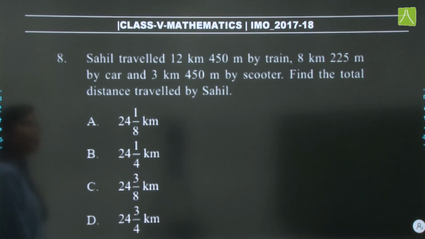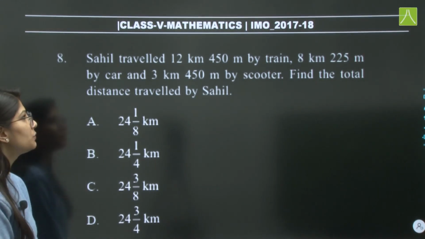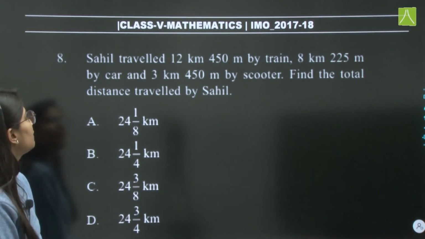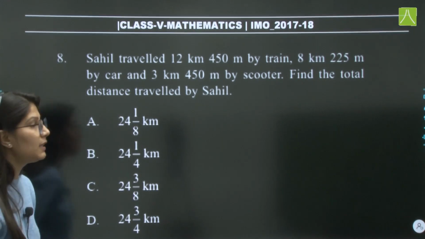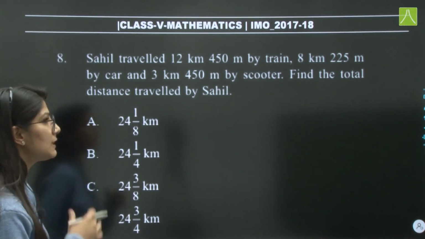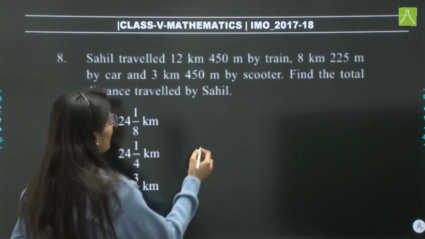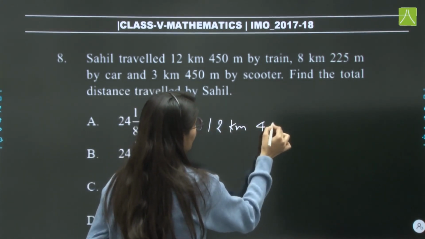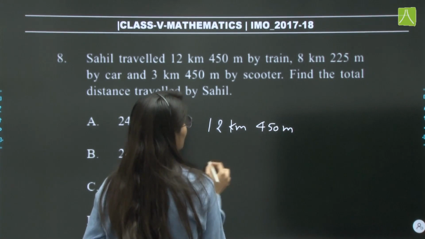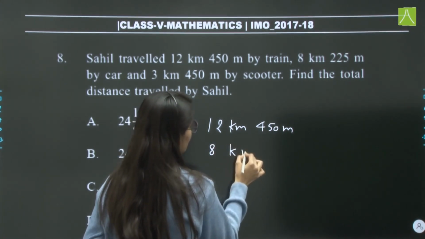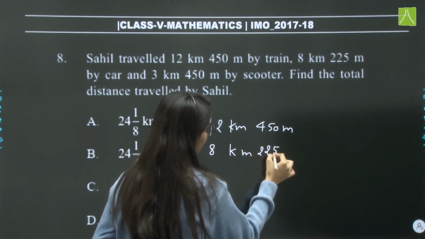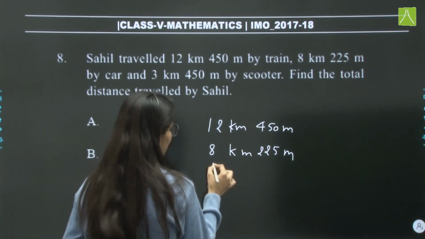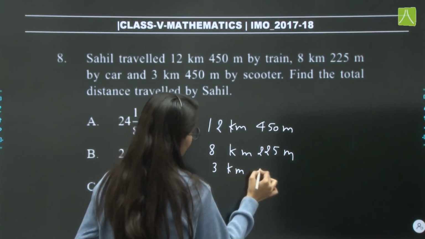Sahil travelled 12 km 450 meter by train, 8 km 225 meter by car and 3 km 450 meter by scooter. Find the total distance travelled by Sahil. So we have to find out the total distance. Let's add all of them. 12 kilometer 450 meter, and then 8 kilometer 225 meter, 3 kilometer 450 meter.